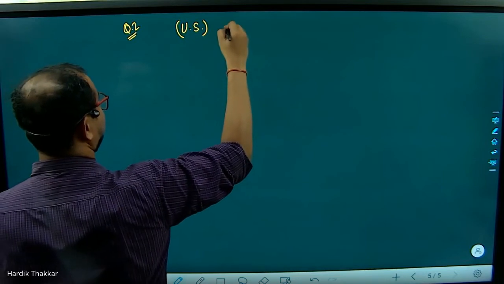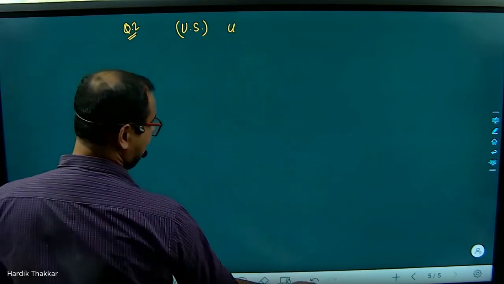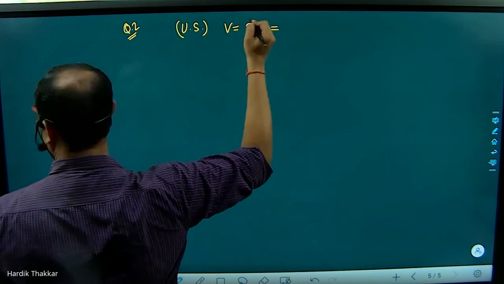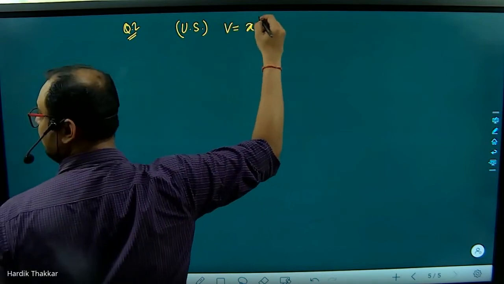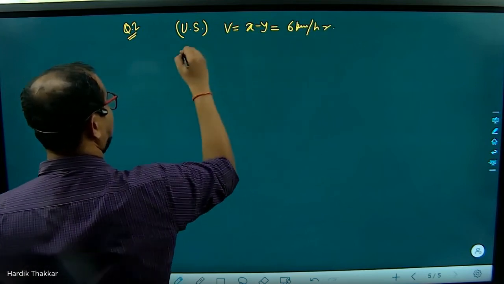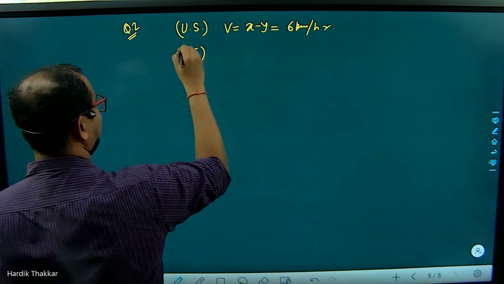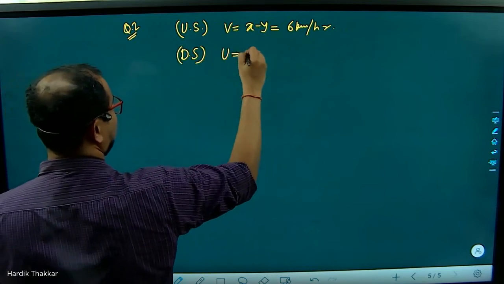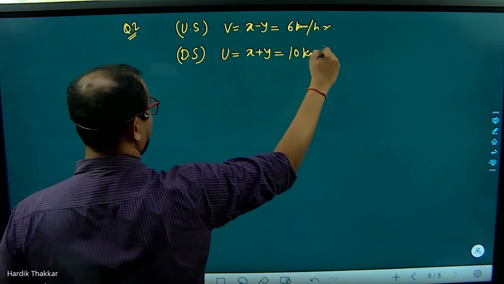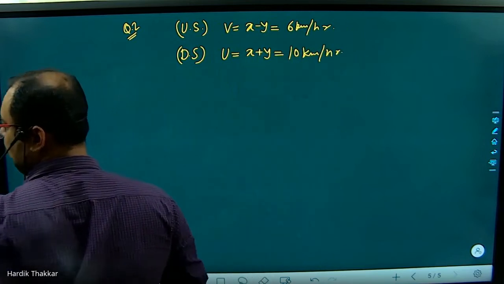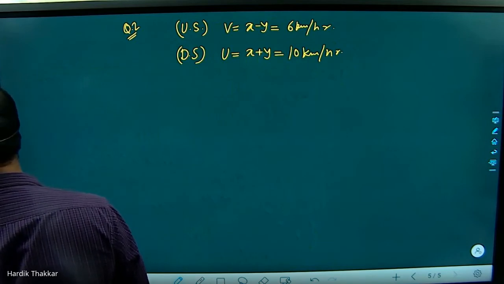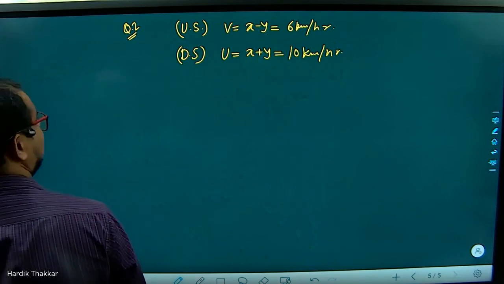So upstream speed is basically v, and we write it as x minus y, and that is equal to 6 kilometer per hour. Now the downstream speed is also given, and it is u, and that is equal to x plus y, and that is given as 10 kilometer per hour. Correct?